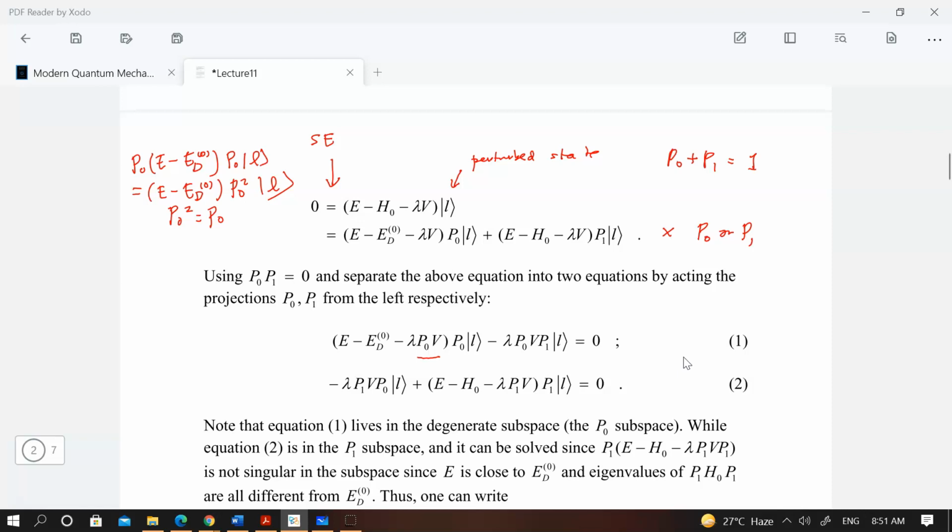The case over here, when it commutes, will meet P naught will meet P1, and we can actually use that. So in other words, what we have left is only the lambda P naught V P1 term, which is coming from the P naught projections.